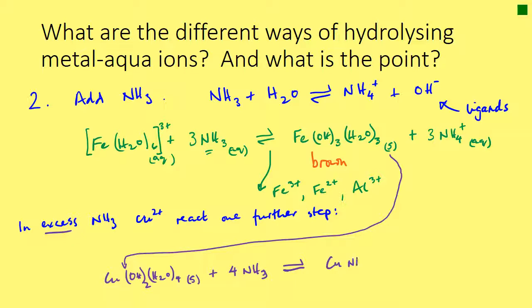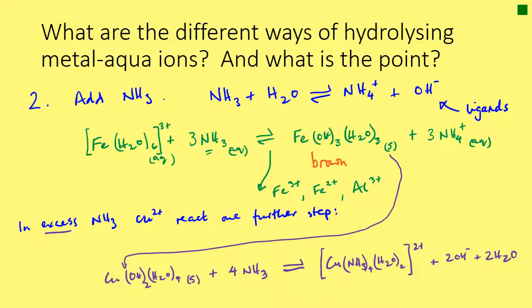So we've got our 4 ammonia ligands and only 2 water ligands. Ammonia is neutral and water is neutral, so our complex has a 2+ charge on it from the copper 2+ ion, and we have displaced 2 hydroxide ions and also 2 water molecules.